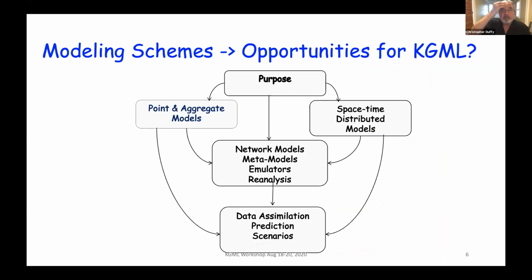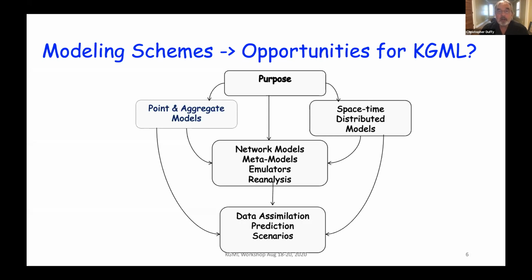So modeling schemes. What are the opportunities for KGML in our project? And I make the point that all models should be made and implemented with a purpose. We have point models such as soil profile models or soil pack and snowmelt models, aggregate models such as SWAT that integrate over spatial dimensions and capture the aggregate effects.